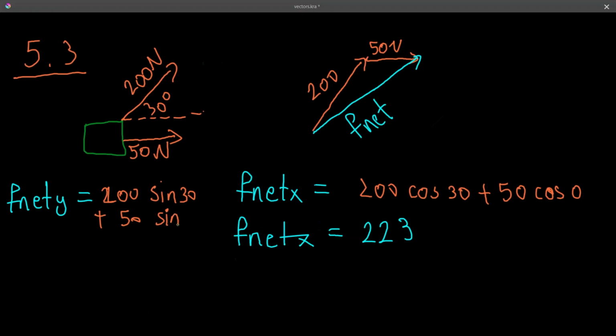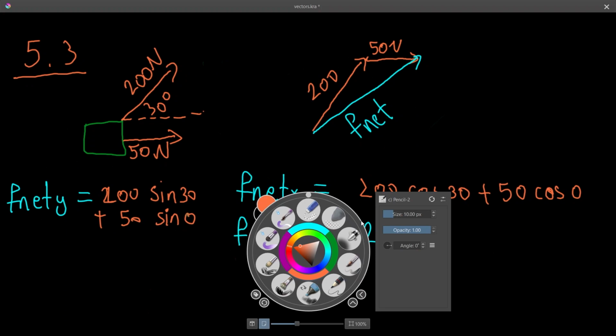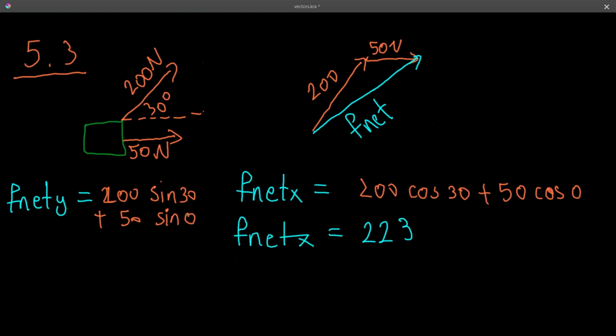And by the way, you can notice here that since it's sine 0, this is clearly only on the x-axis, and you don't need to write plus cosine 0 and plus sine 0, but using it as an angle of 0 works because sine of 0 just equates to 0, so this wouldn't really exist. But do whatever way makes you comfortable, right? So you get that F net y is equal to 100.